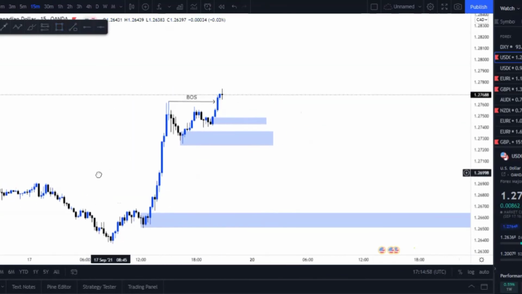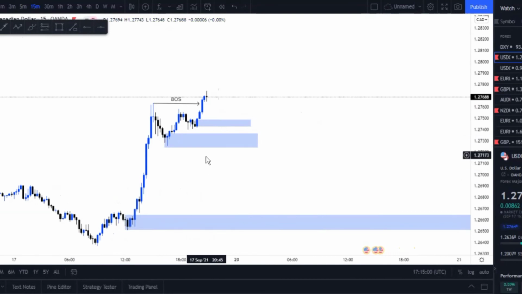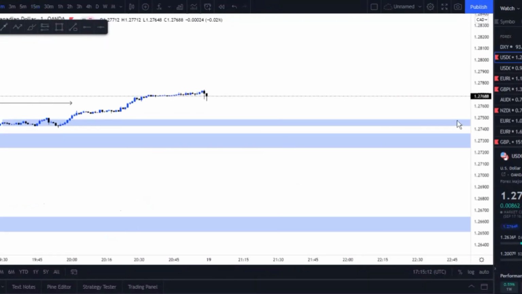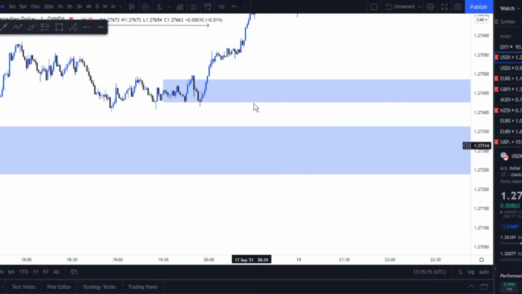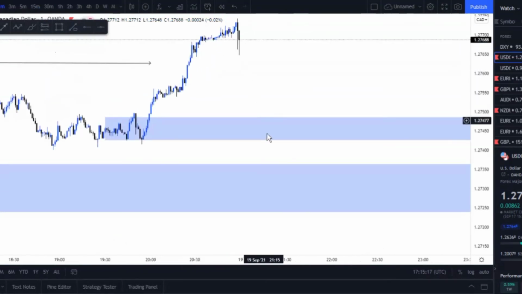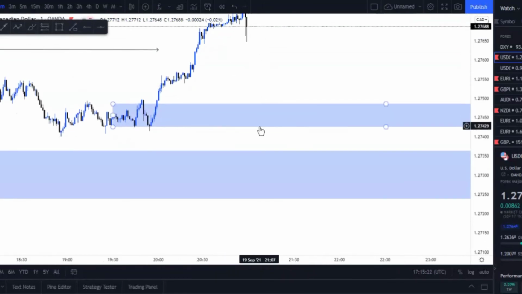Perfect. So now I've got three POIs: a four hour point of interest, a 15 minute point of interest, and a 50 minute point of interest. So what I'm going to do now is patiently wait for price to trade inside my zone and give me maybe a Wyckoff or shift in structure on a lower time frame. Then I'll load my trade.